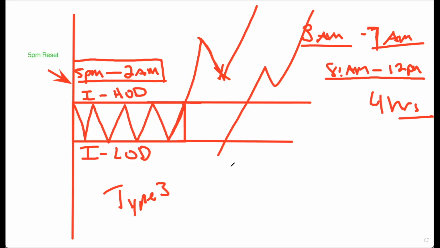And so they buy here. And there's typically some kind of support here somewhere else on the chart, on the left-hand side of the chart. So they're told to buy right there.